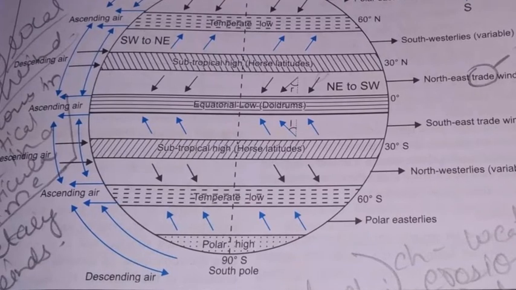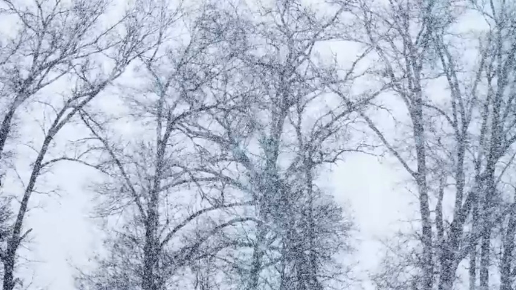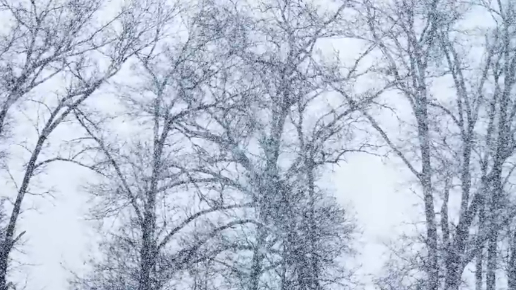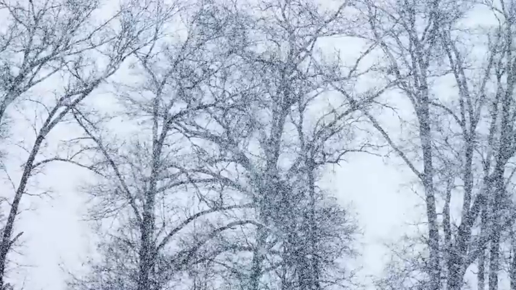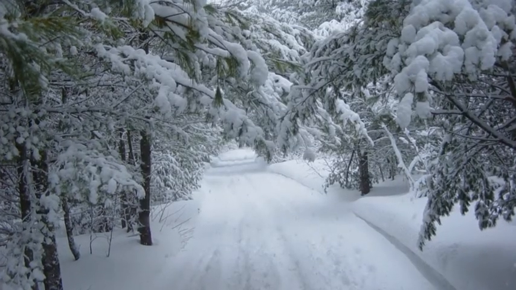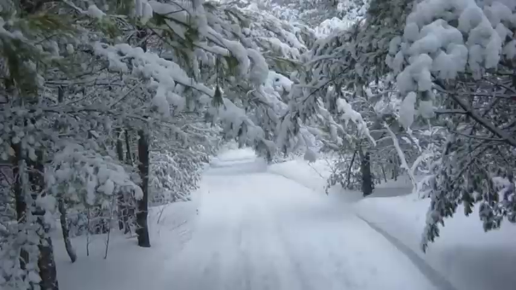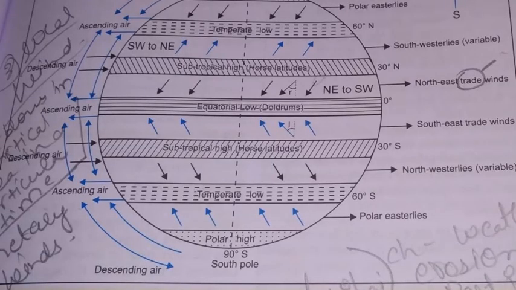Winds which flow from here into the temperate low pressure belts are called easterlies. The one in the north, the winds that move from it into the northern temperate or subpolar low pressure belt, is called northern westerlies, while in the south, the wind that moves from there to the one in the south is called southern easterlies.